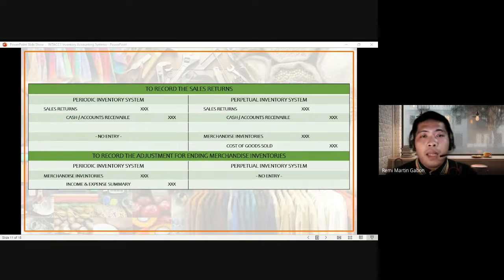Okay? Then under perpetual, we don't have a journal entry anymore. Reason: the cost of ending inventories is already determined by the use of the stock card. So at the end of the day, stock card na lang ang gagamitin to determine the cost of remaining inventories.